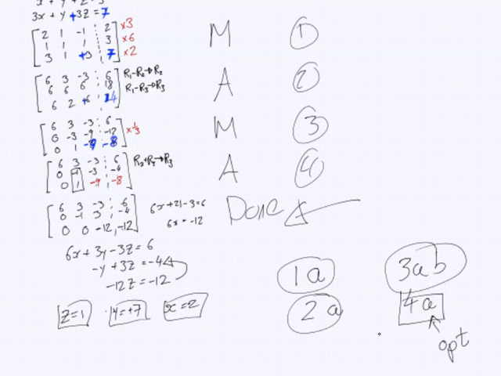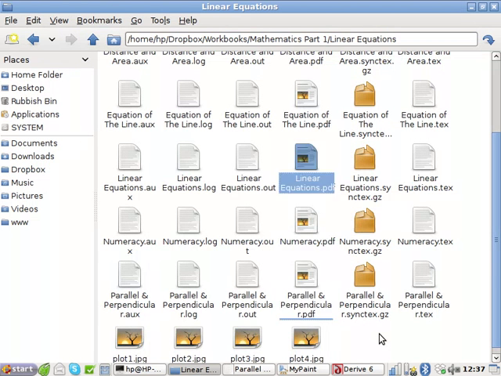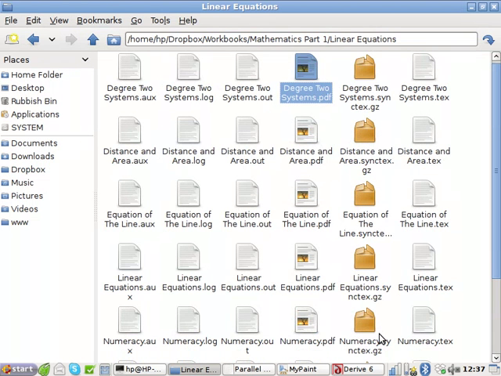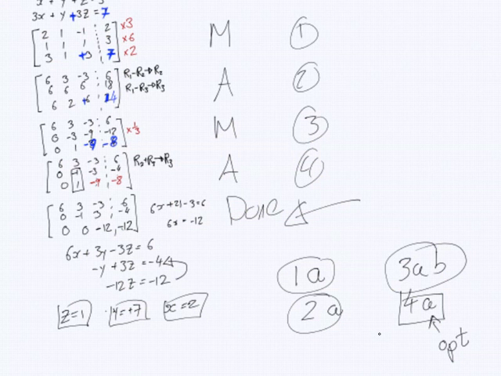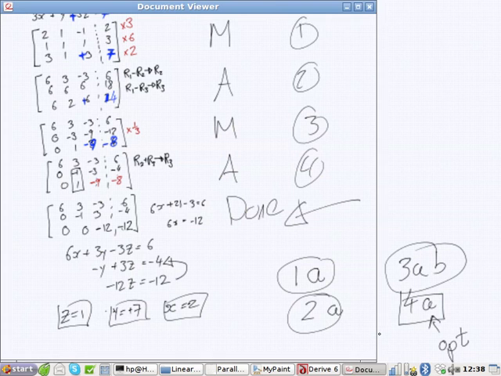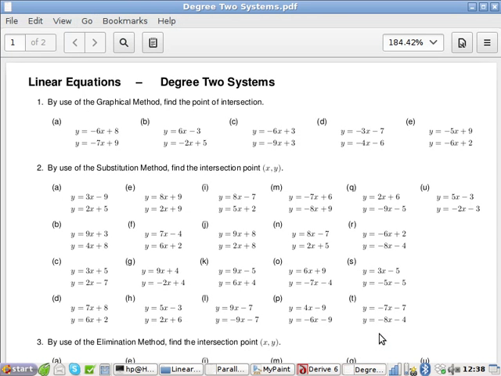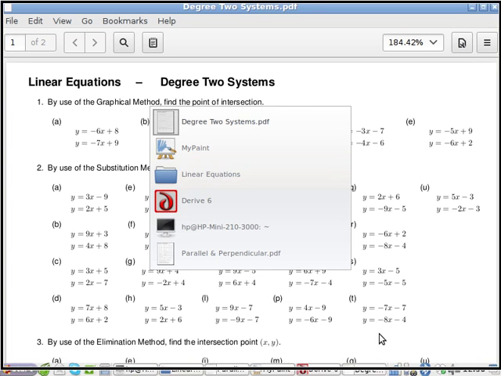You can start them now. I'll open them up on the screen here if you want. So, did you write those down? 1A, 2A, 3A, 3B, 4A. Here we go.